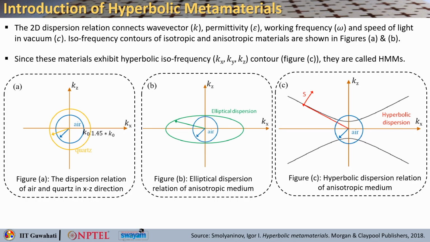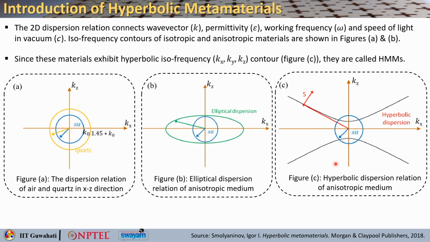Now, these contours are also special contours. These are called isofrequency contours, or you can also call them equal frequency contours, which is a graphical representation in the momentum space or the K space that shows all the possible wave vectors corresponding to a particular frequency or energy, right. It is a critical tool that allows you to understand wave behavior, particularly in periodic mediums like photonic crystals and solids.